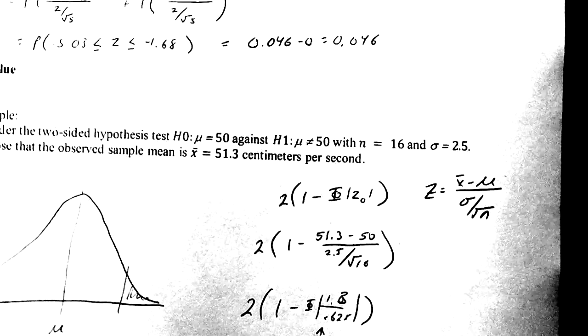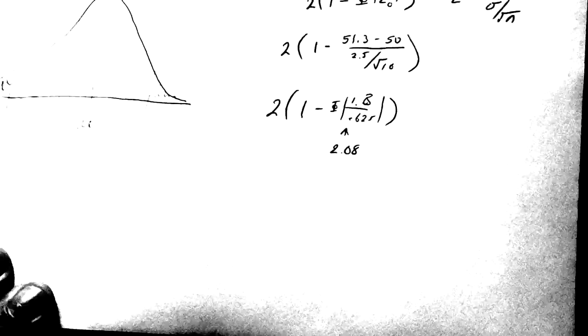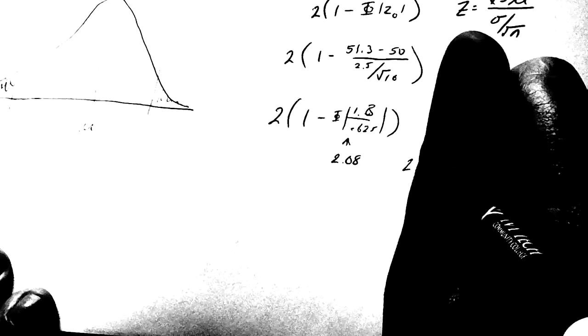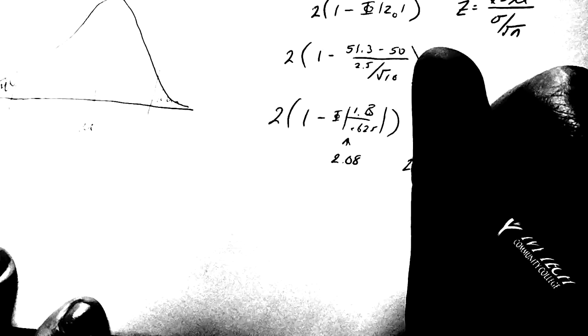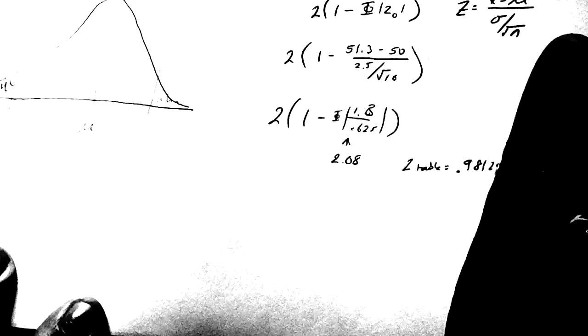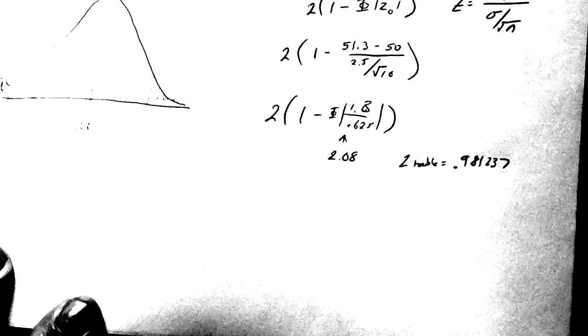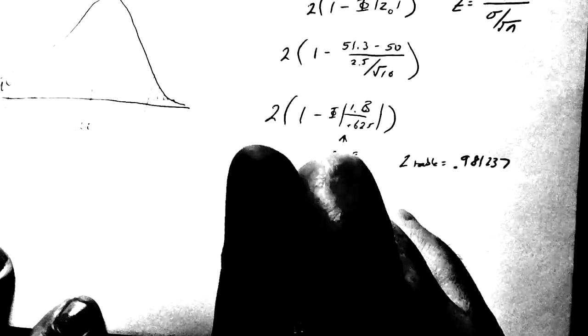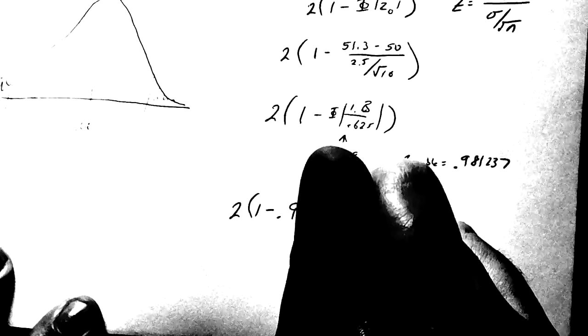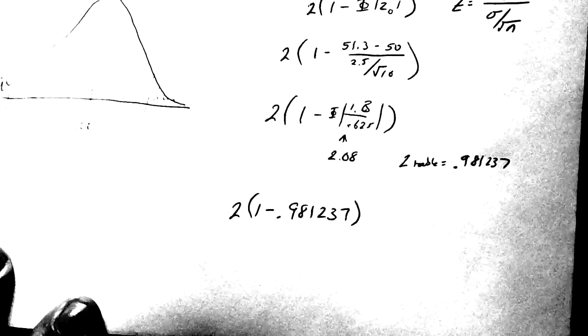And if you look 2.08 up on the table, sorry, kind of lost me there for a second. 2.08 on the z table is equal to 0.981237. And so we're looking at 2 times 1 minus 0.981237.